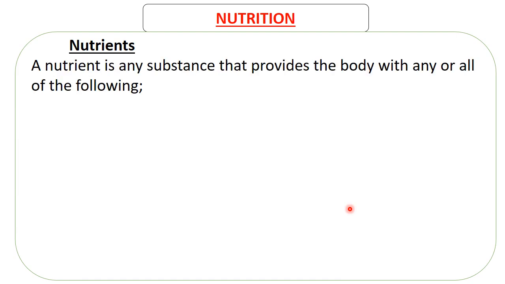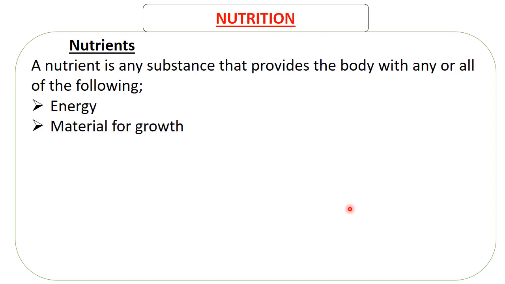So we're done with knowing what nutrition is and the types of nutrition. Let's go deeper into nutrients. A nutrient is any substance that provides the body with any or all of the following. When you eat something, it should provide your body with any of these things, or all of them. The first is energy.